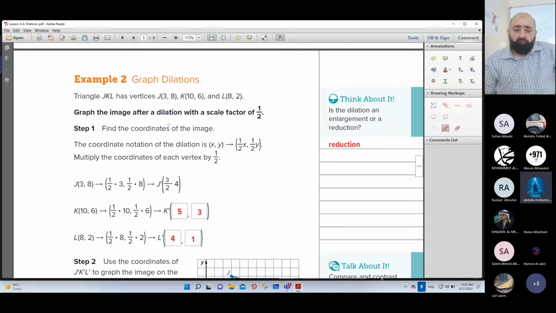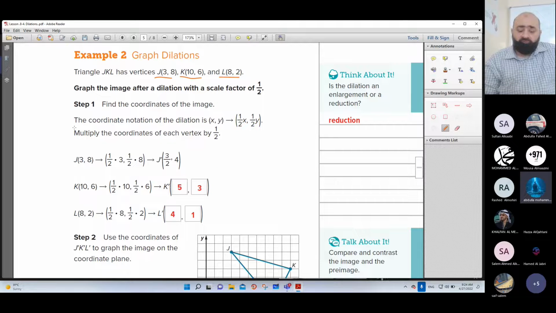Graph dilations. Triangle JKL has vertices J, K, L. Graph the image after a dilation with a scale factor. As you see here, k equals 1 over 2, and 1 over 2 is between 0 and 1. So what is the name of this operation?